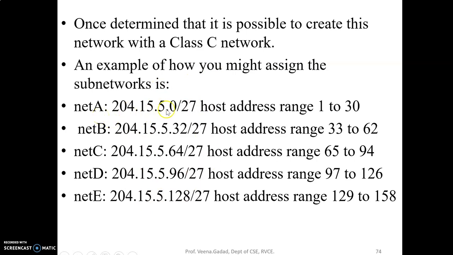So network A's network address will be 204.15.5.0. Host ranges from 1 to 30.